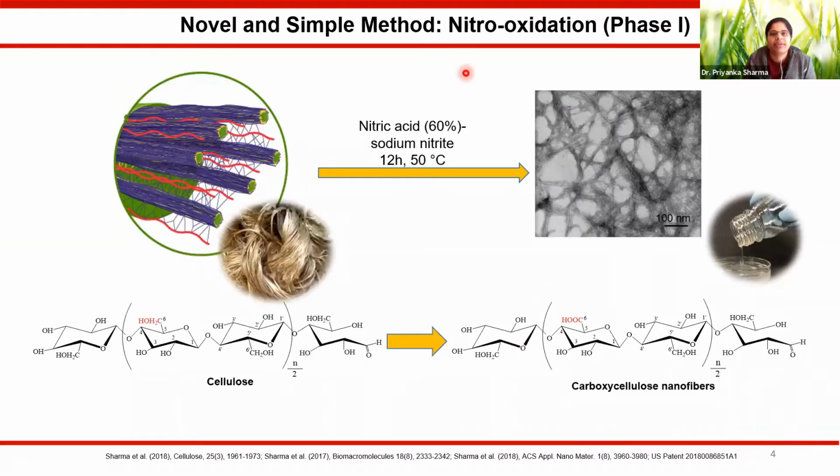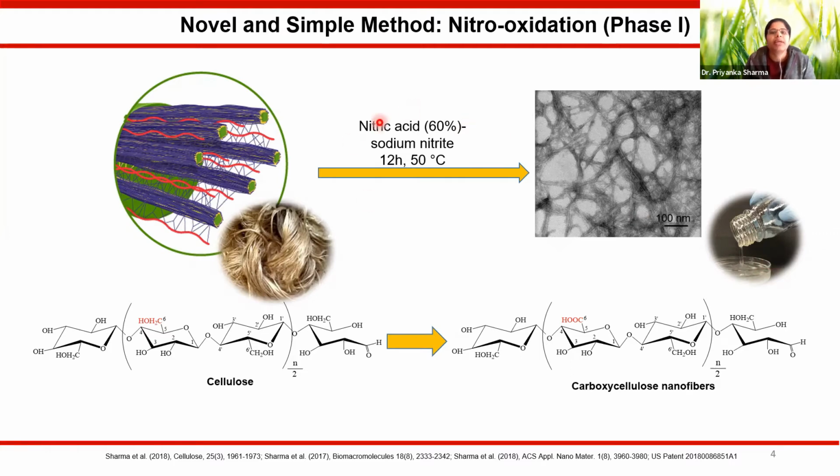This way we developed the nitro oxidation process, and we were finally able to find a perfect recipe combining nitric acid and sodium nitrite under a certain temperature and time period, where we can directly convert biomass into the nanocellulose structure.